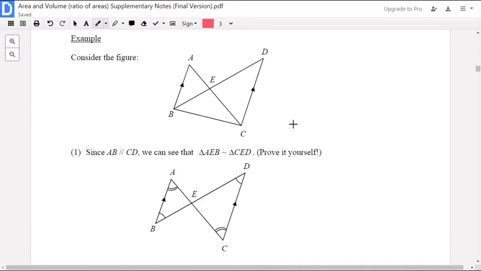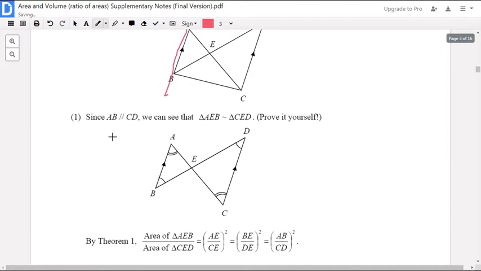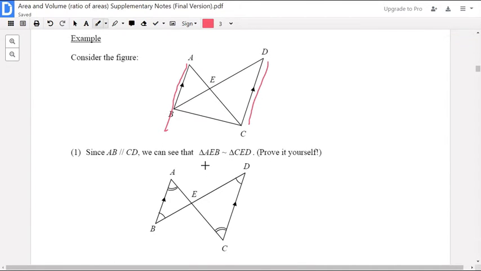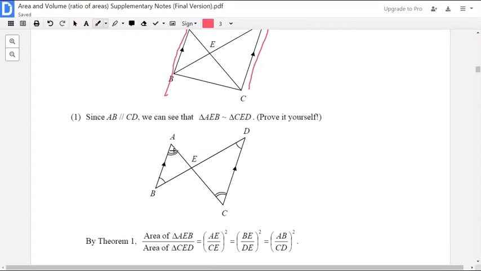Let us consider the following example. In the figure, we have a 5-sided polygon ABCDE with AB parallel to DC. Now, since AB is parallel to DC, we can prove or see easily that triangle AEB is similar to triangle CED.